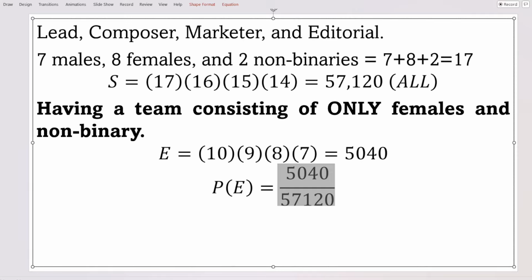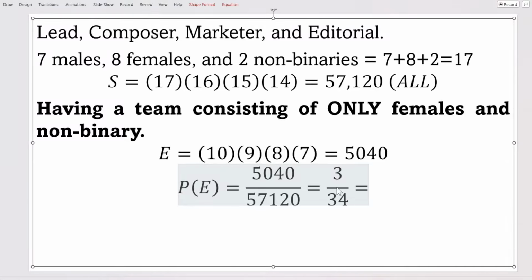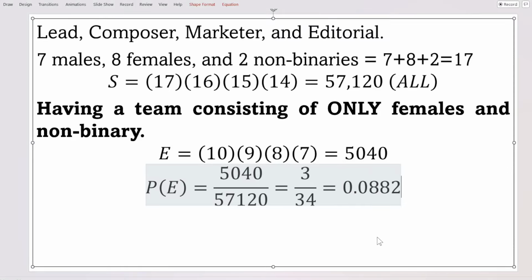Put this in the calculator. The lowest term will be 3 over 34. In decimals, this will be 0.0882. So that is the answer to this particular problem, having a team consisting of only females and non-binary.